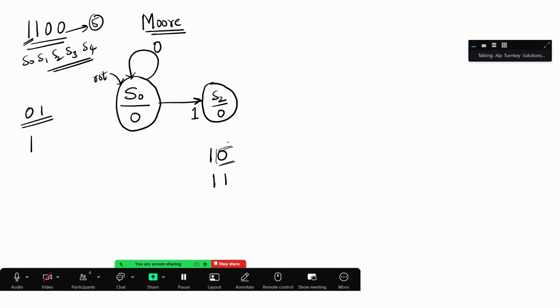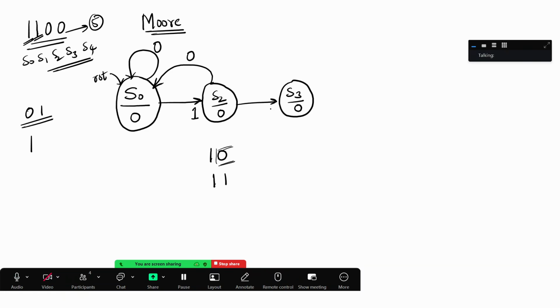If it is 0, where will it go? It will go where it is matching. Nowhere matching, so it will go to the initial state, the reset state. And if it is 1, I got the sequence. It will go to the next state, and output is 0.